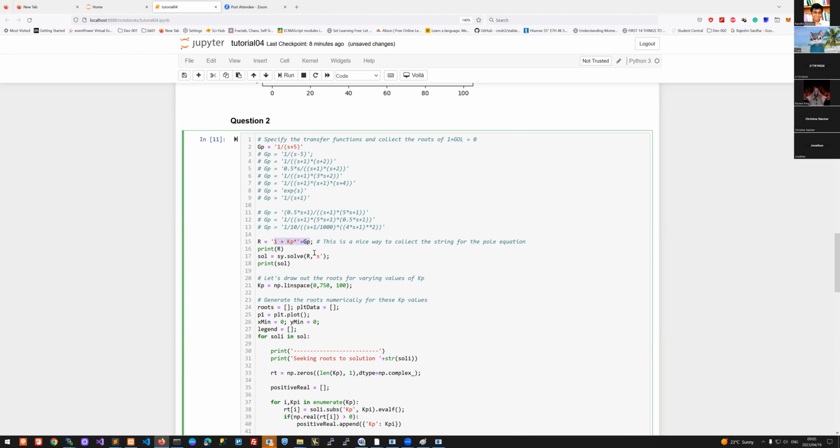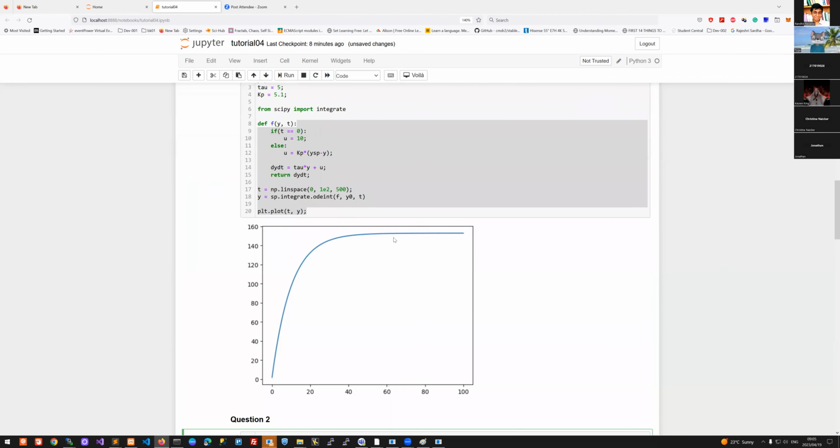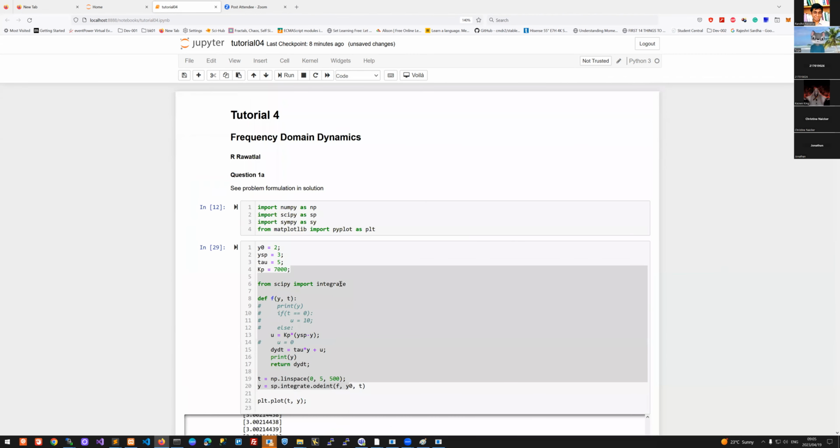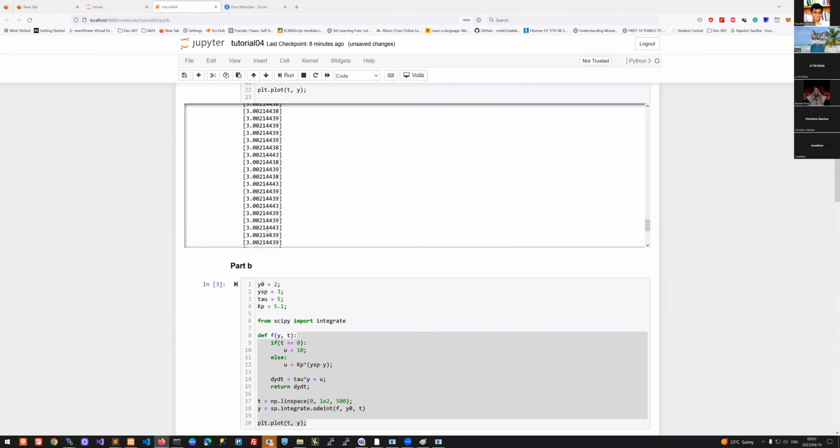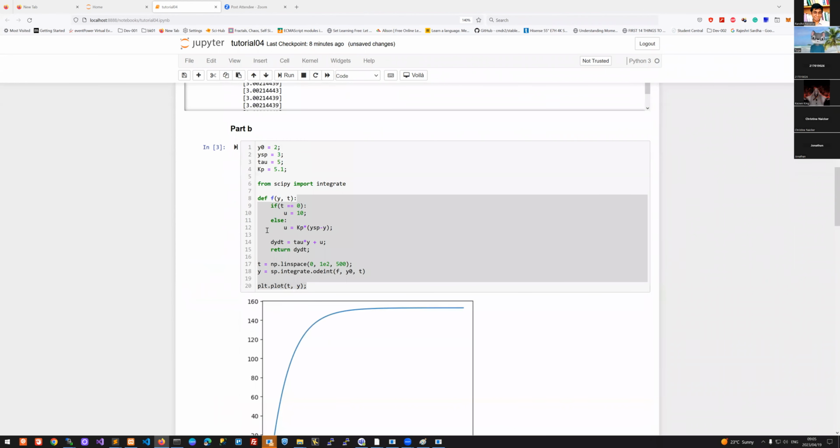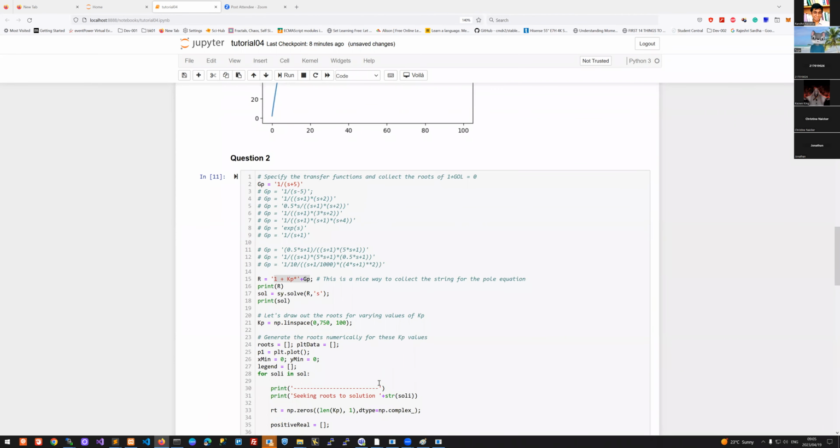And to find it, I'm using the symbolic solver. So in Python, it does have a symbolic solver, right? So SymPy, you can use that to do symbolic solving of equations. And so we are using a symbolic solver to work out the equations for when this thing equals 0.